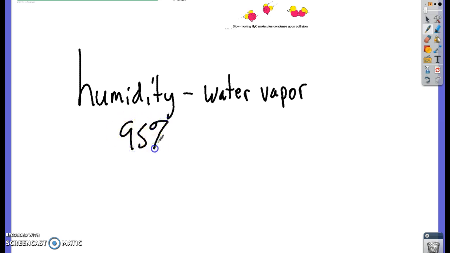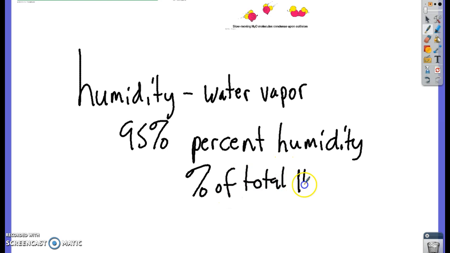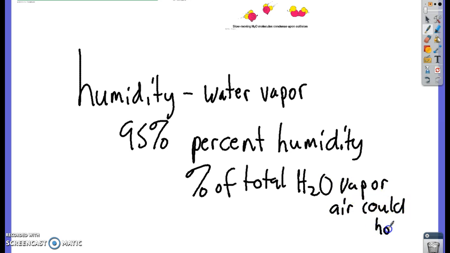That percent is the percent humidity, and that means what percent of the total water vapor the air could hold. If it is 95%, that means the air is almost saturated.